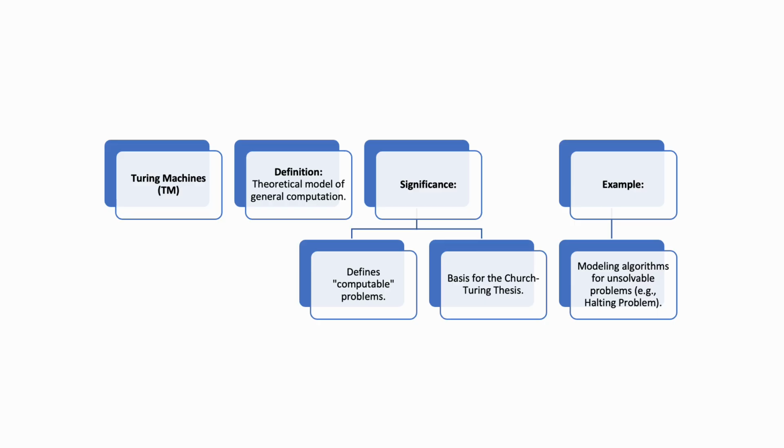A Turing machine is often described as the most powerful model of computation, capable of simulating any algorithm or computer program, no matter how complex. Imagine a machine with an infinitely long tape divided into cells, a read-write head that moves left and right, and a set of rules or states that tell it what to do based on what it reads from the tape.